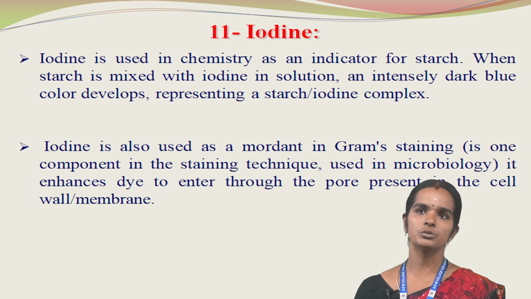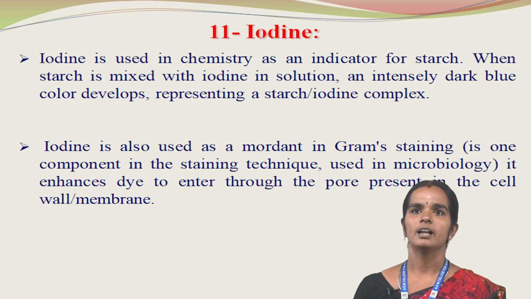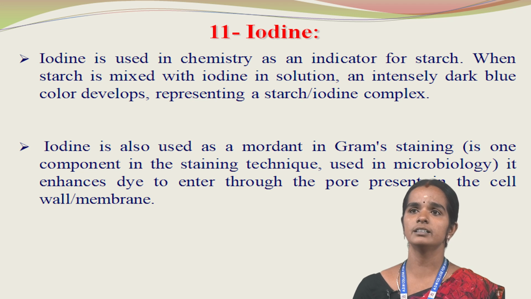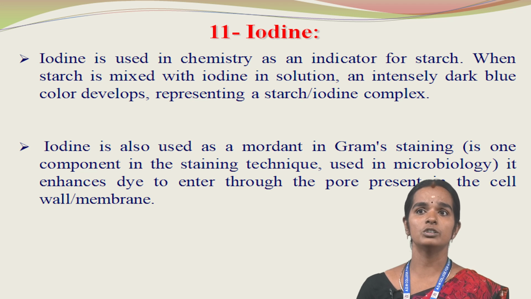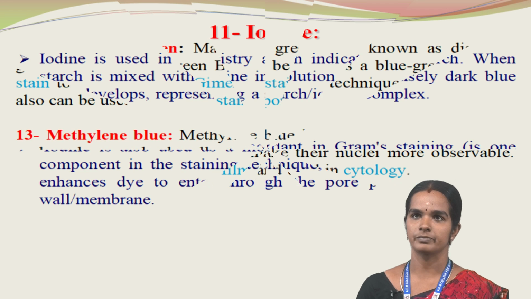Iodine is also used as a mordant in Gram staining. For example, it is one component in the staining technique used in morphology or microbiology. It enhances dye entry through the pores present in the cell wall or cell membrane.